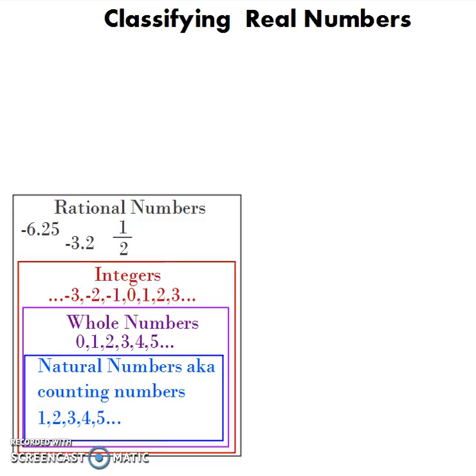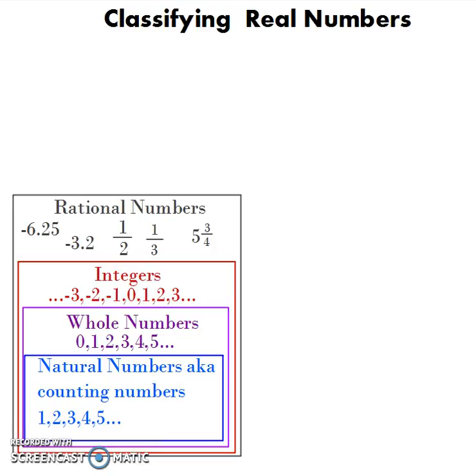If I have 1/3, for example, that can be written as 0.3 with a repeating bar because it's 3, 3, 3, 3, 3 and goes on for infinity. That obviously is written as a fraction and it's a decimal. Okay, 5 3/4, for example, is a rational number. That's 5.75. So any number that you can change from a fraction to a decimal or a decimal to a fraction is basically a rational number.